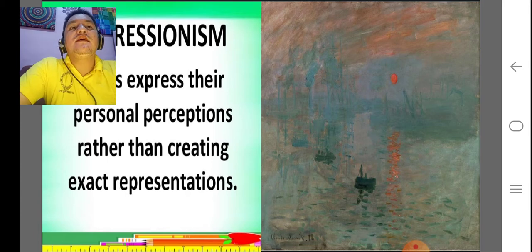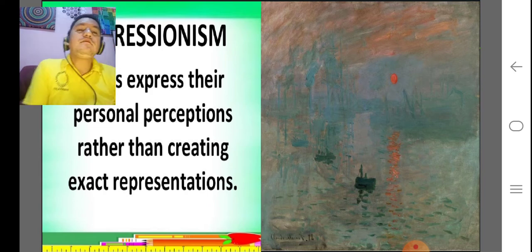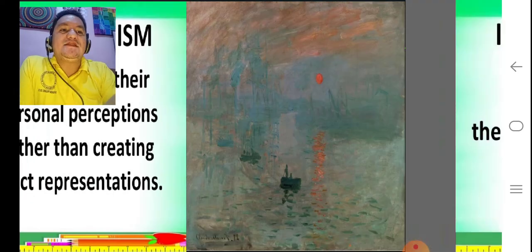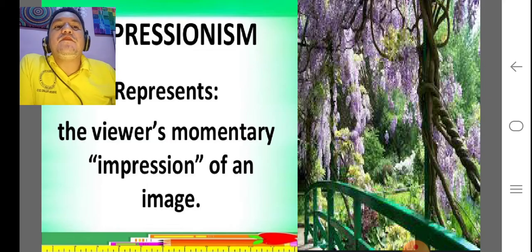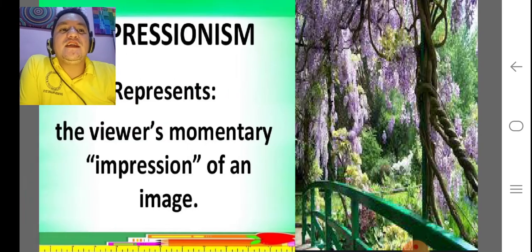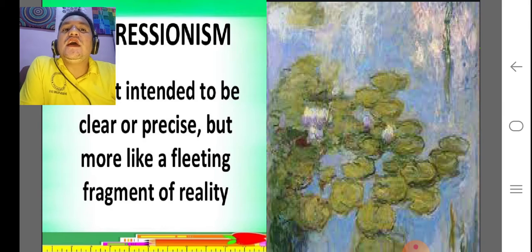Okay, next. We have here the first reason why there is Impressionism. This is an example of Impressionism art by Claude Monet and this one is called The Sunrise. Impressionism, like what I said earlier, is the viewer's momentary impression of an image. Next, a characteristic: it is intended to be not clear.